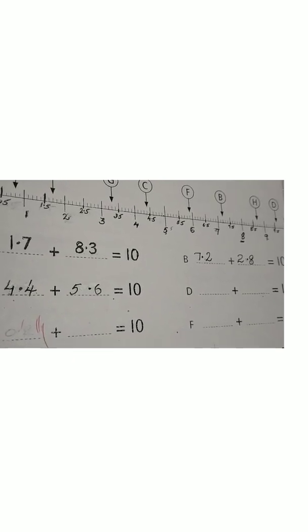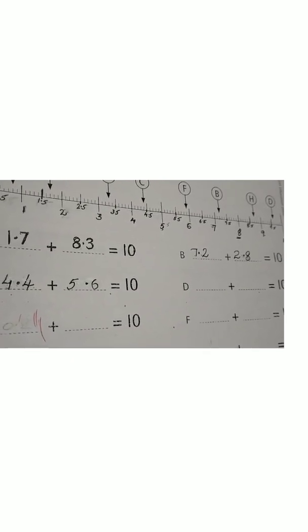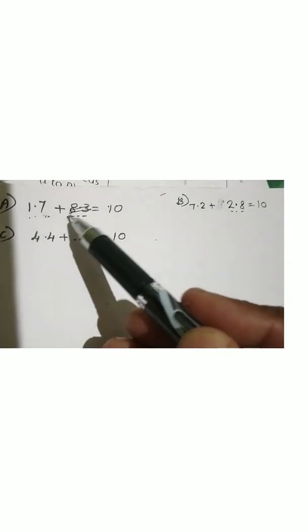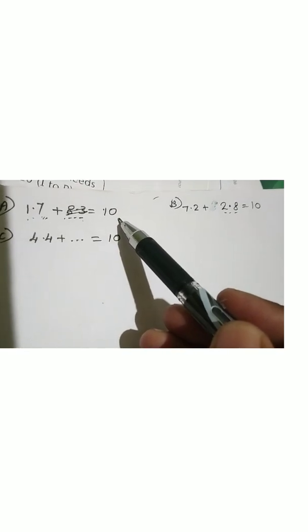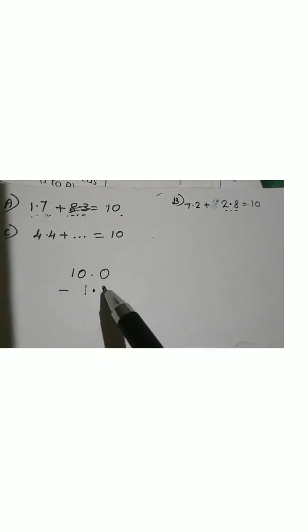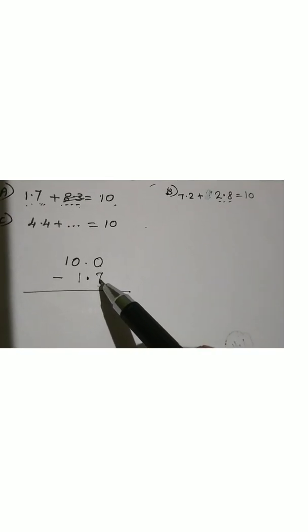Is it clear? Then how can we check if it is correct or wrong? Here this number won't be there. We will get it very fast. That is 1.7 plus a number equal to 10. So 10.0 minus 1.7. What is the answer? Here 0 minus 7 is not possible.